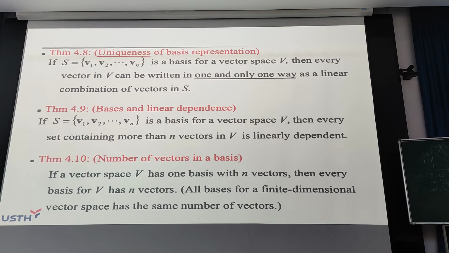Suppose that S is a basis for vector space V, then any vector inside V can be written in only one way as a linear combination of the vectors inside the basis. That property is very important because we are going to use it to define what we call the coordinate, which we will study today.